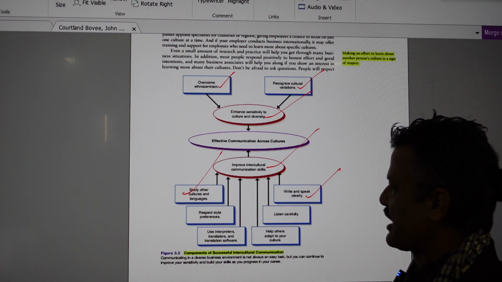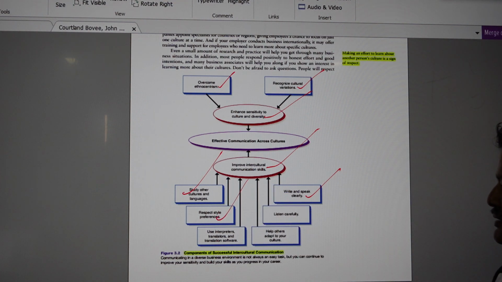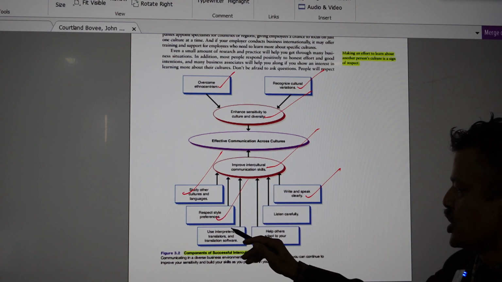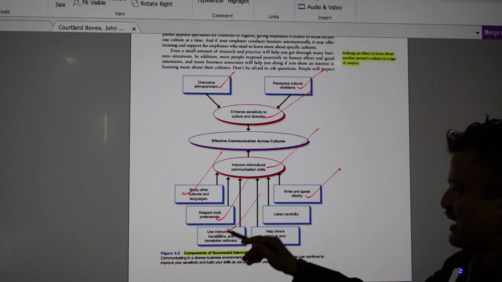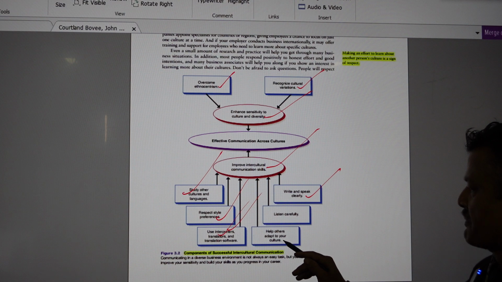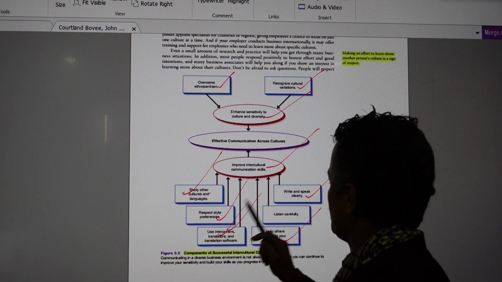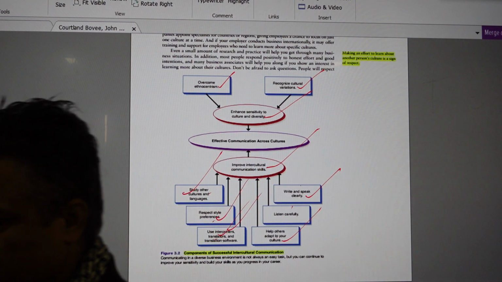Study other culture and language. Respect their style. Use translators, interpreters, software. Help other people understand and follow your culture. These are the 6 steps to adopt a different culture.